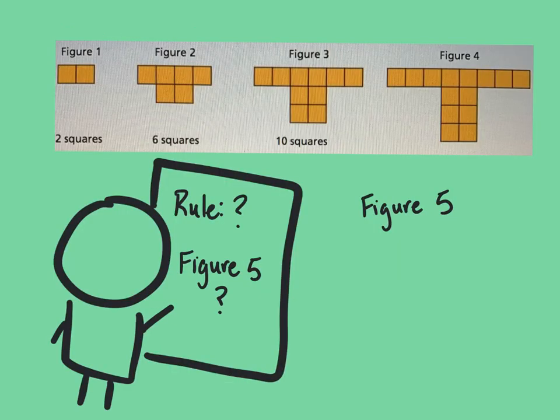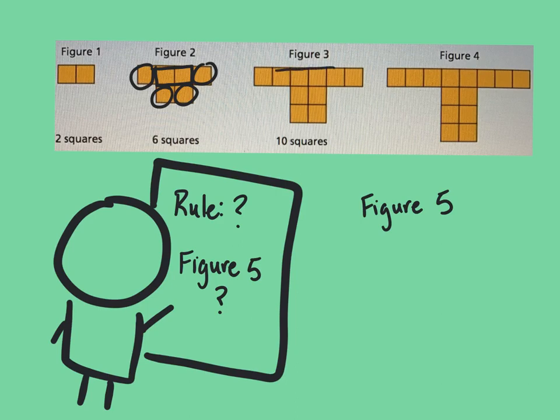Here's your last problem of this lesson. Take a look at these figures. Can you come up with a rule? Well, I see my original shape was this piece, and I added on 2 squares to the ends on the top and 2 squares on the bottom.